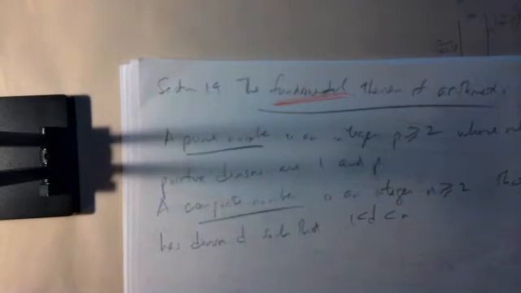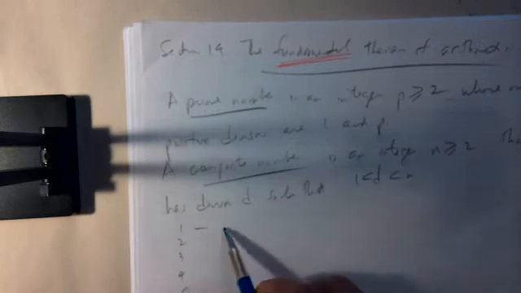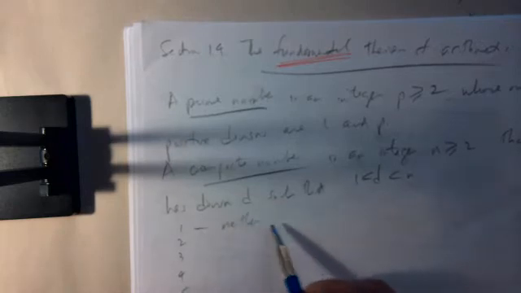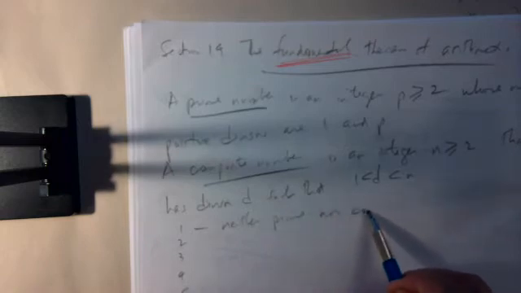And the number 1 is neither prime nor composite. Right? So if you start making a list of the integers, 1, 2, 3, 4, 5, 6, 7, 8, 9, this is neither prime nor composite.